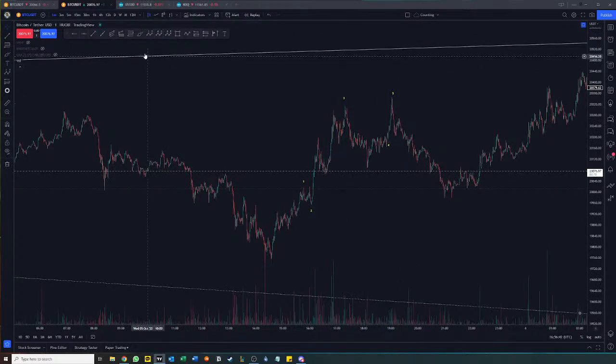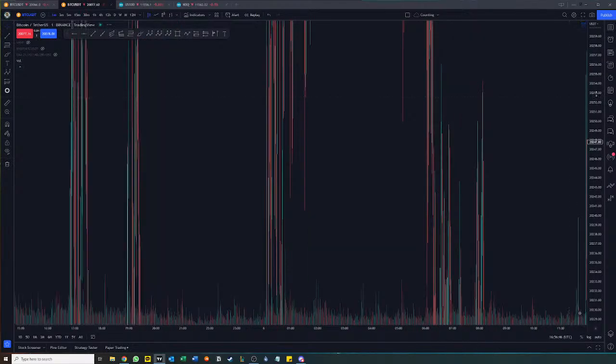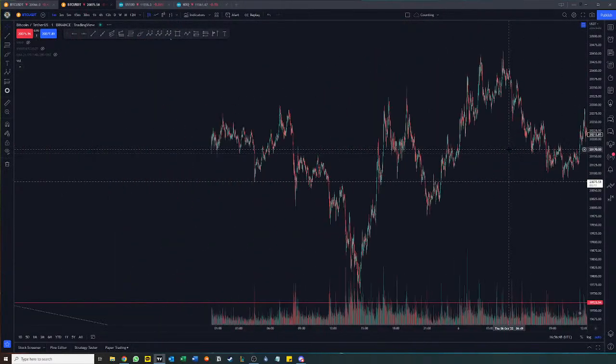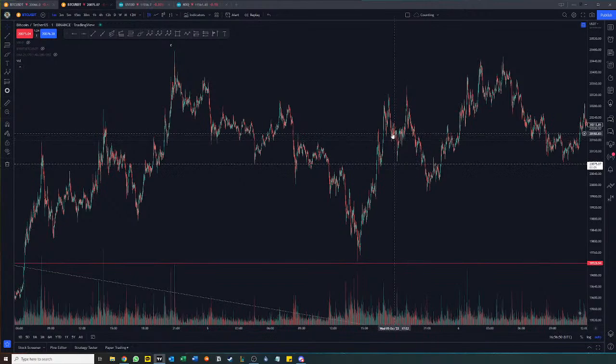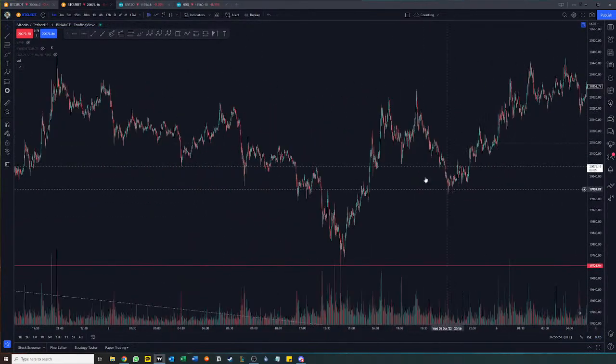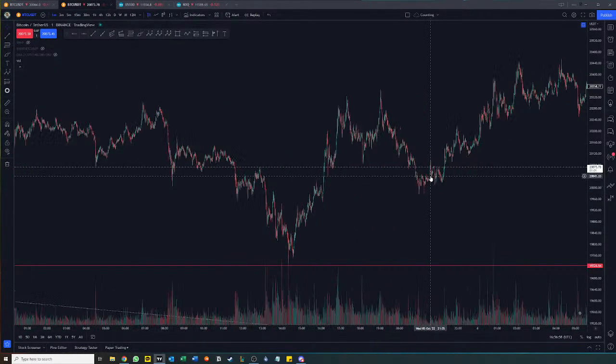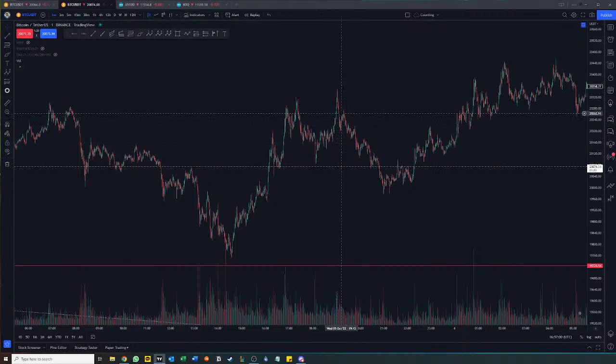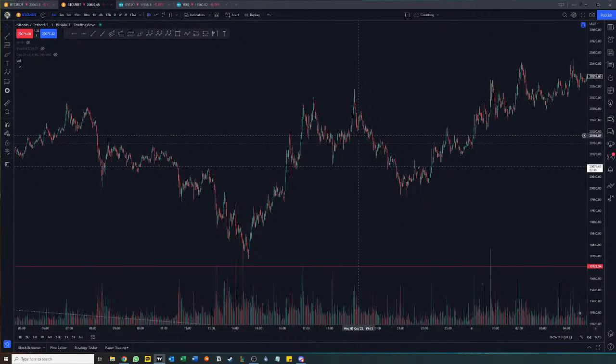Wait, what is this? I'm gonna check another. Unfortunately it looks very similar to the irregular patterns. Yeah, I think this is an irregular pattern.